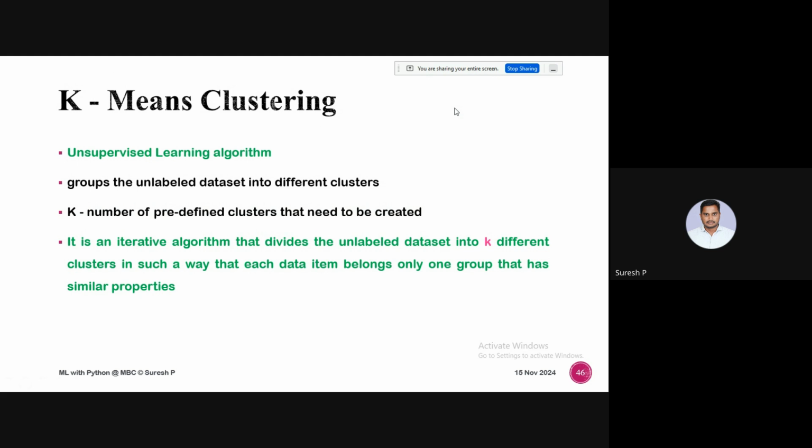So this k-means clustering algorithm is an iterative algorithm that divides an unlabeled data set into k different clusters in such a way that each data item belongs to only one group that has similar properties. Okay, so here the k-means clustering algorithm is a type of hard clustering, so that one data item will belong to only one group, and also each cluster must have at least one data point.